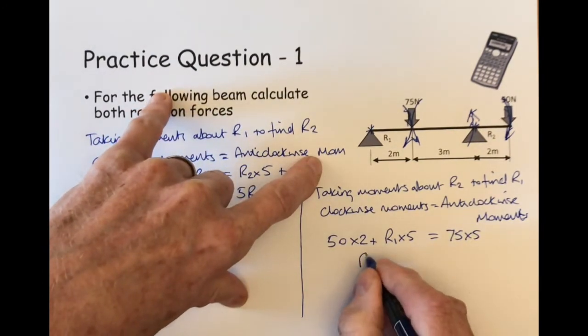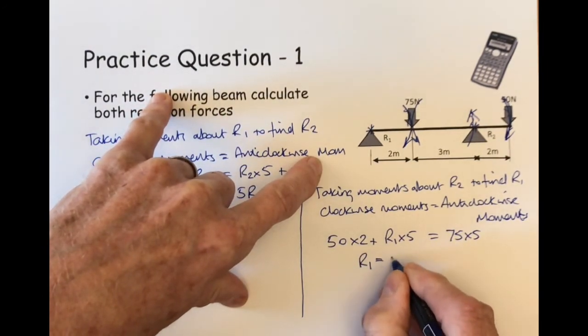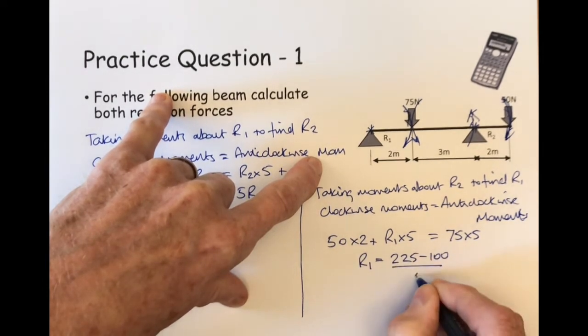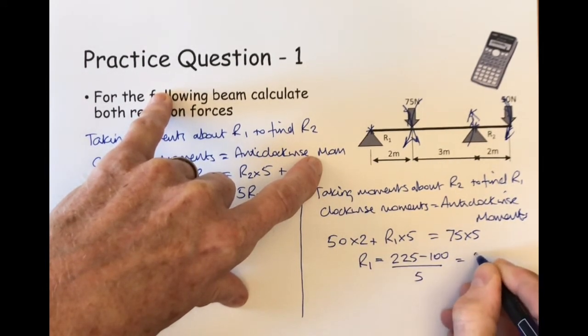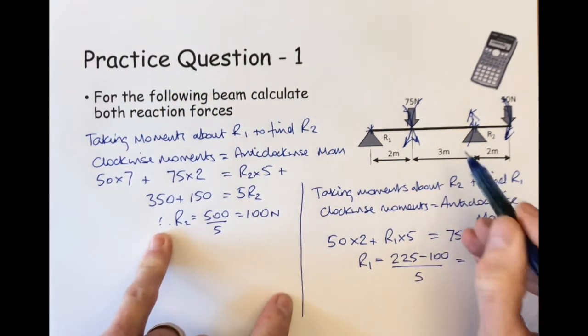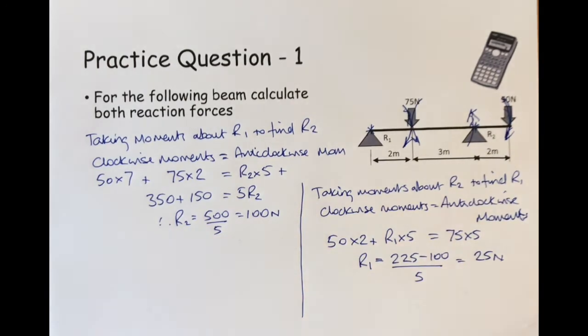Multiply it all out. R1 equals 225 minus 100 divided by 5, which equals 25 newtons. And 25 plus 100 equals 75 plus 50. Then you know you've got the right answer.